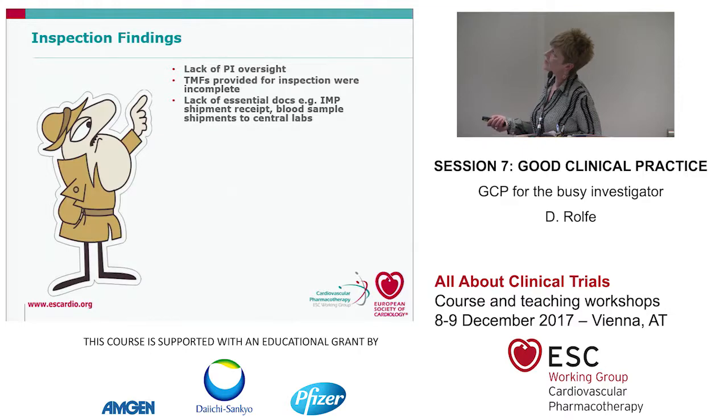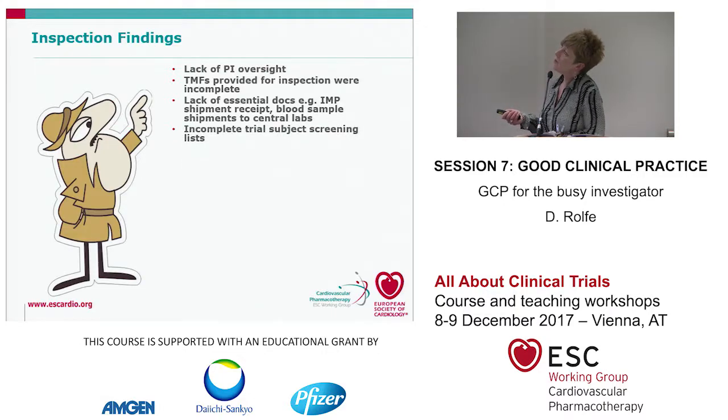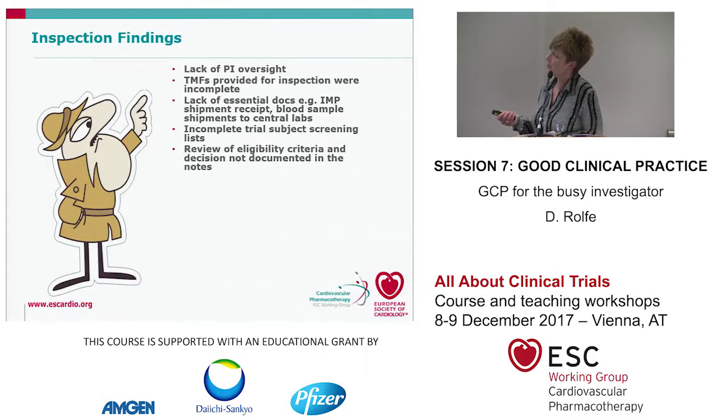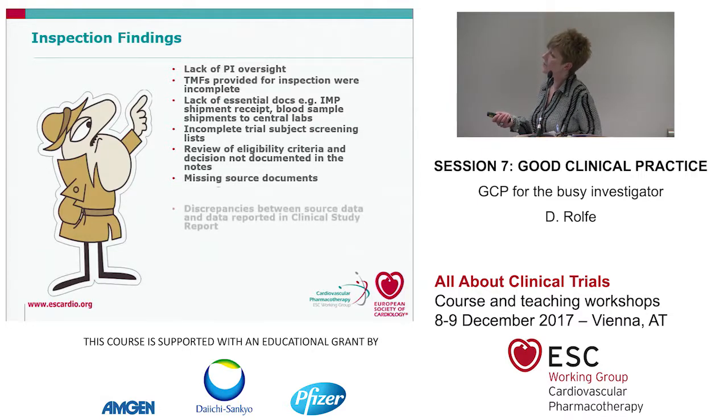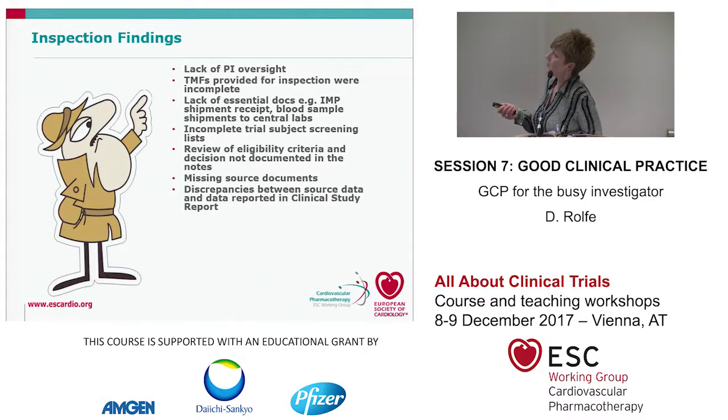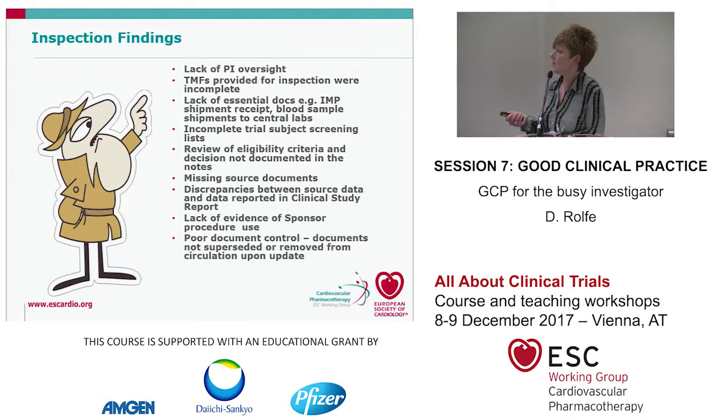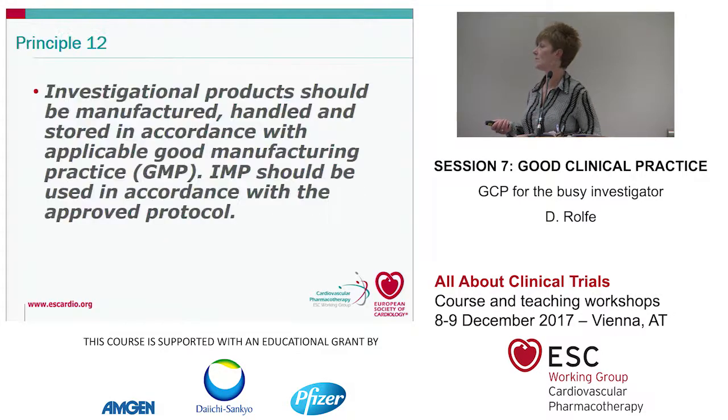Lack of essential documents, for example, drug shipment receipts in pharmacies, blood sample shipments to central labs, incomplete trial subject screening lists, review of eligibility criteria and the decision wasn't documented in the notes, missing source documents, discrepancies between source data and data reported in the clinical study report, lack of evidence of sponsor procedure use, poor document control, documents not superseded or removed from circulation upon update, and illegible source data.